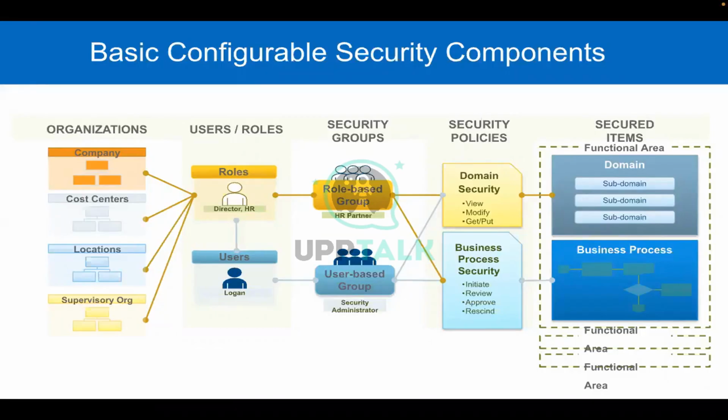These are the two primary types of security groups. But these are not the only two types. There are many other types which are custom in nature, which you can create, like job-based, location-based, organization-based, and many others.